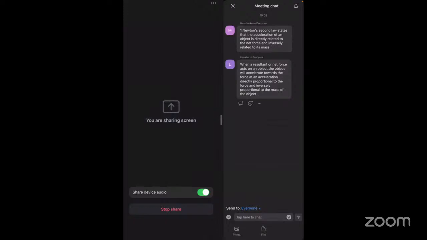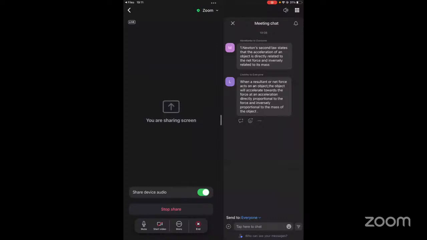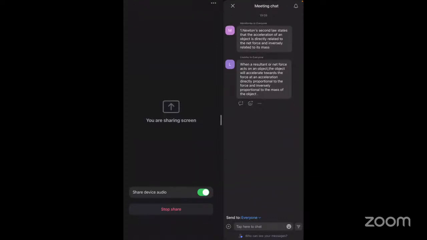I'm not sure how it looks on your phone, but there must be an icon that you can click on to attach something. And this is how it appears on my side. Can you see? Yes, sir. Do you have that option? Mendlonke, can you check if you've got an option to attach?